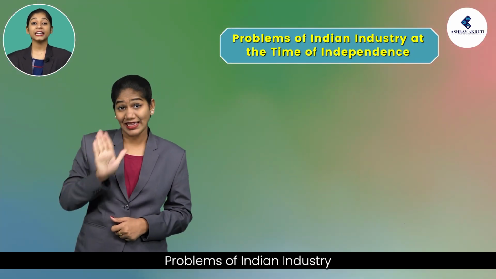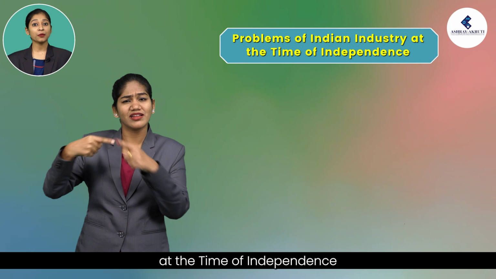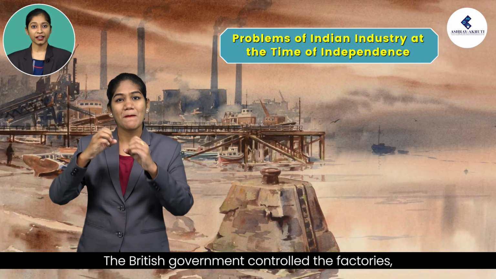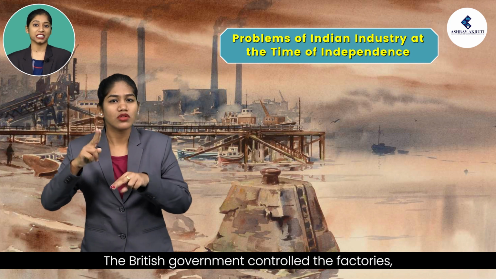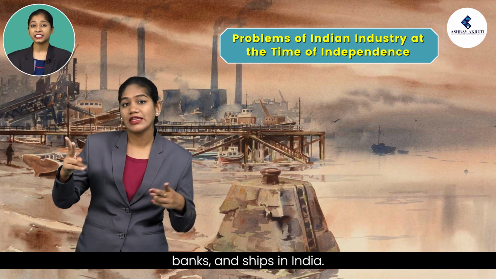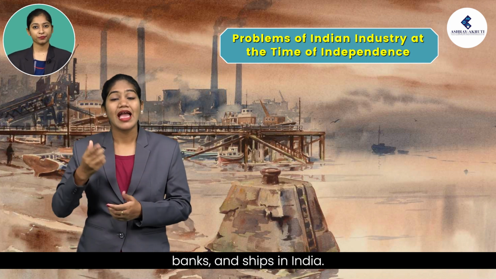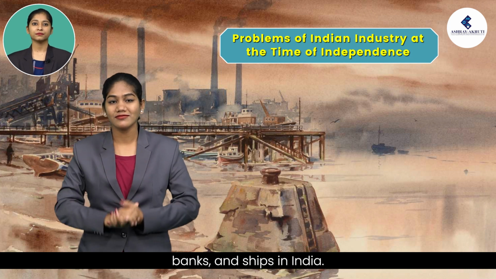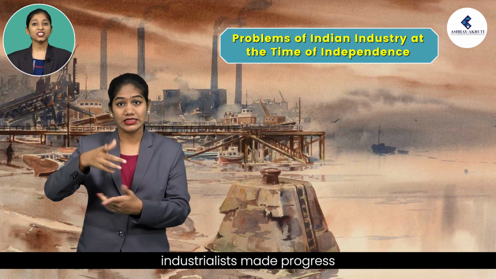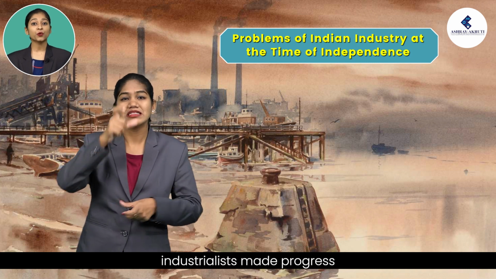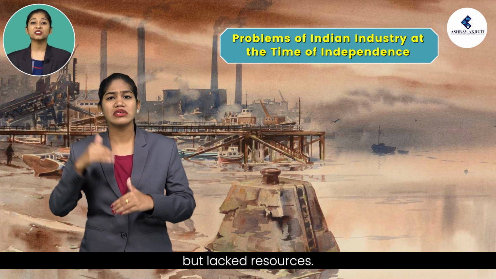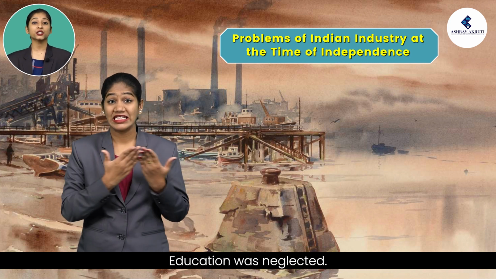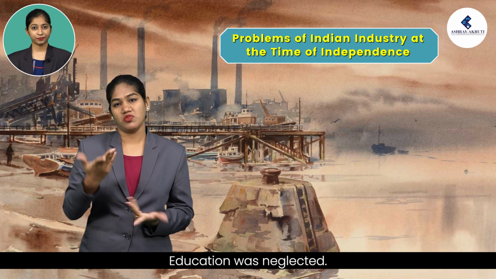Problems of Indian industry at the time of independence. The British government controlled the factories, banks and ships in India. The Indian industrialists made progress but lacked resources. Education was neglected.